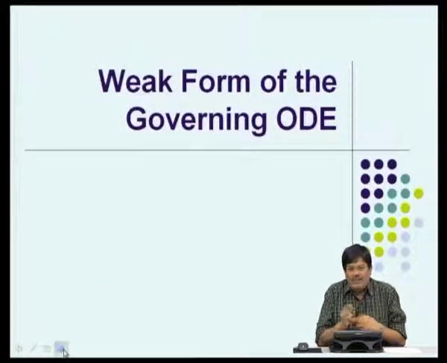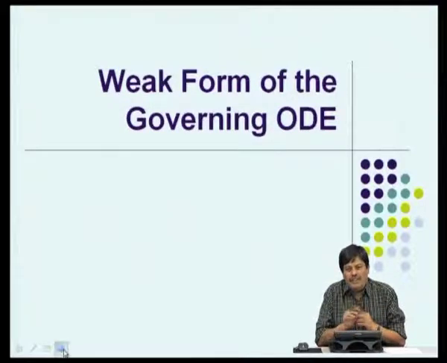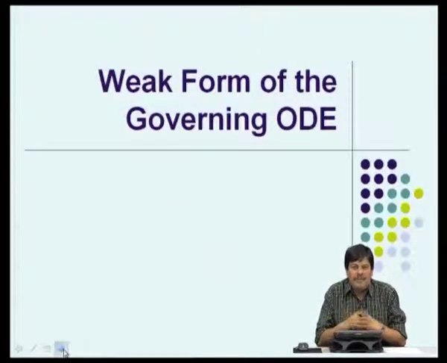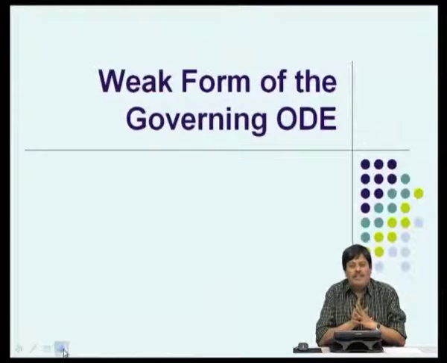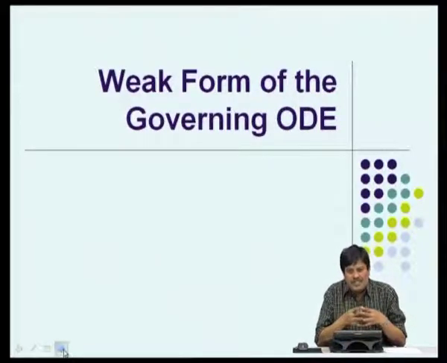So, now let us see how we can derive the weak form of the governing equation. We just dealt with the weak form of the governing equation for a general system in the previous classes, for a general differential equation. Here we will again take this particular example of a beam, which is a fourth order system, and generate the weak form of the equations.